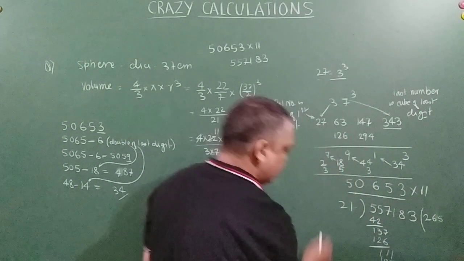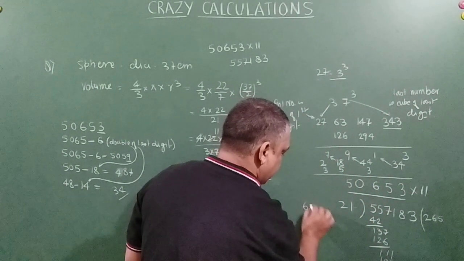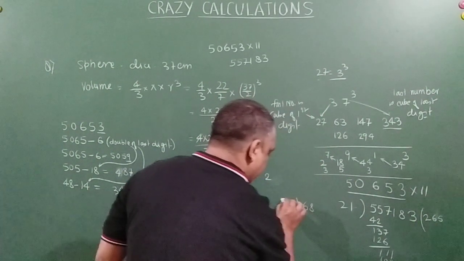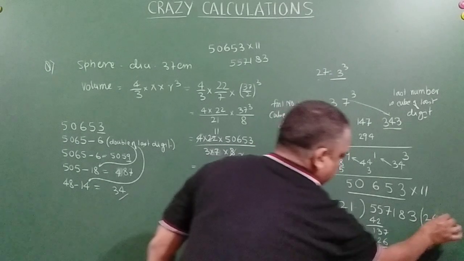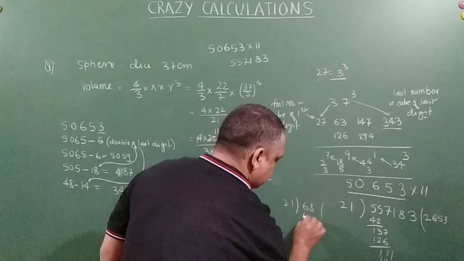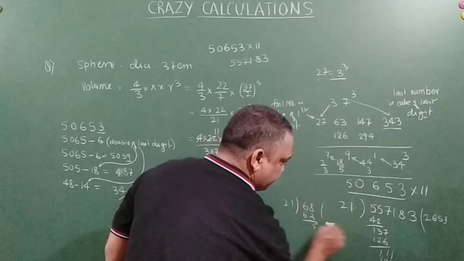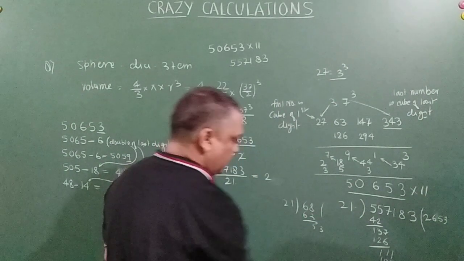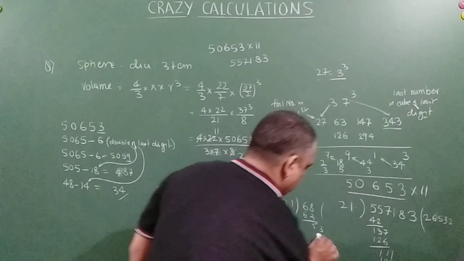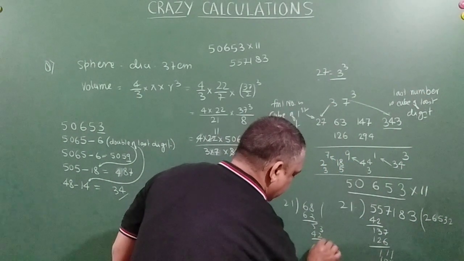Then 6. I'll continue it here. 6 and 8. Okay. 8 coming down. 21. 3. 21 3 just 63. 5 coming, 3 coming down. 21 into 2 is 42. 11 coming down.